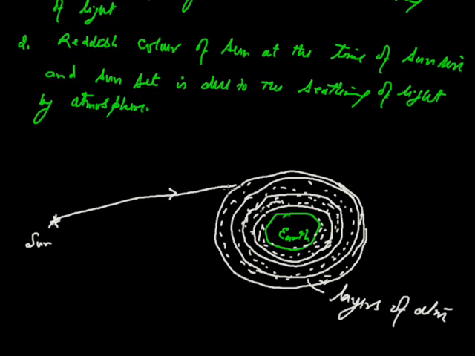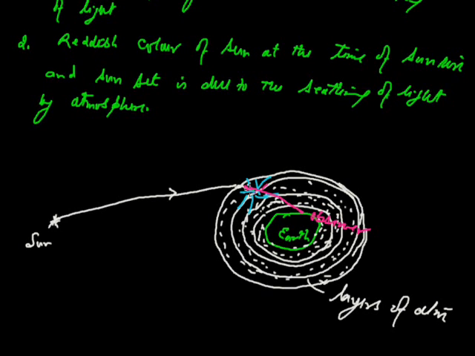So when light enters the atmosphere, scattering takes place. Most of the colors, blue, violet, and indigo, will scatter in the atmosphere. The rest of the colors, red or orange, will reach the observer.